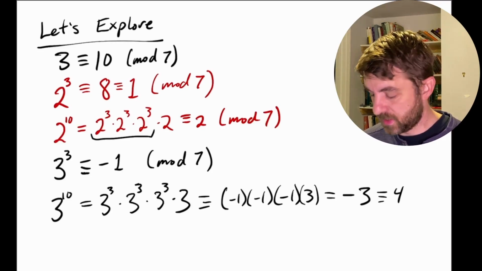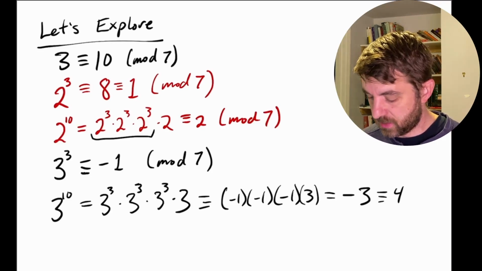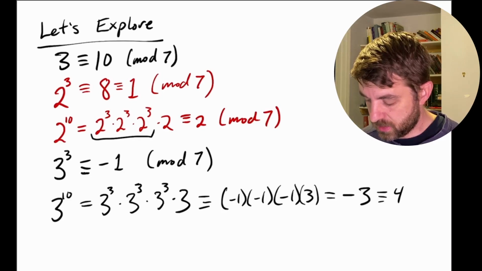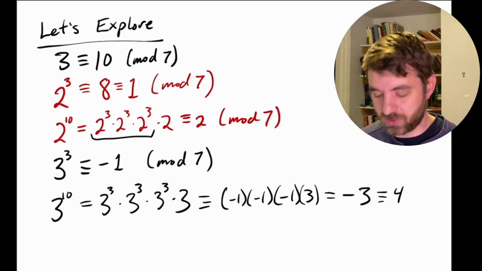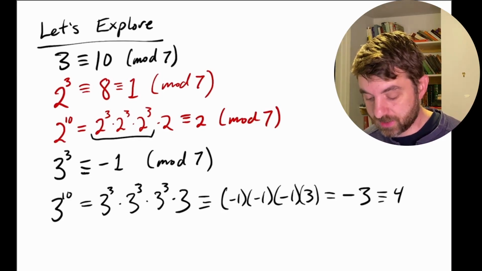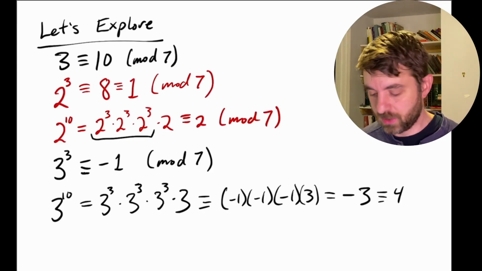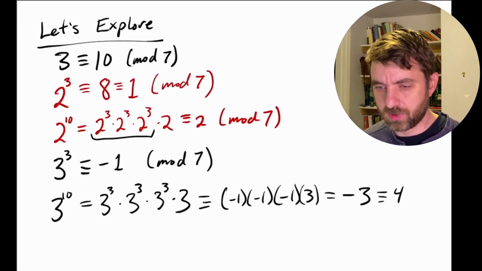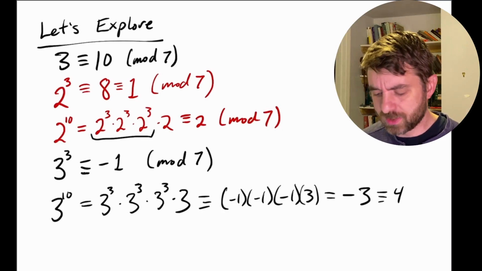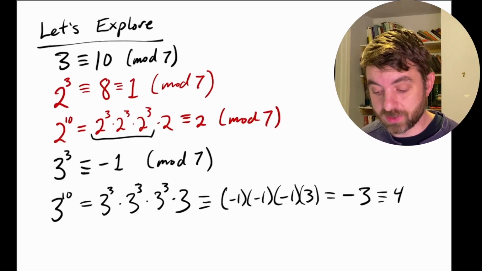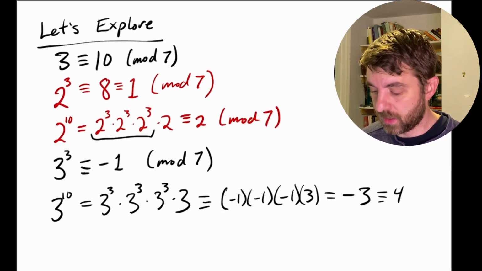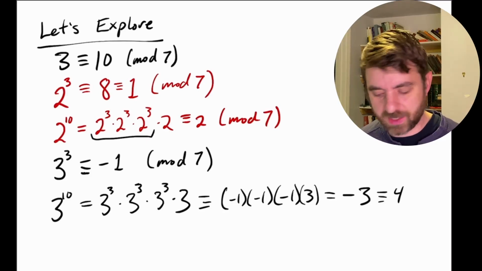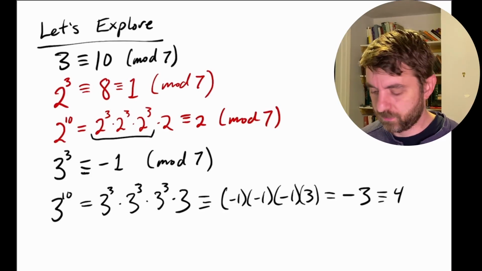So in this case, I wasn't able to just reduce 10 mod 3, because that would give me 3 and not 4. So 3 is not the magic number for 7. We're going to see that it turns out the right number for 7 is 6. And why that's the case is pretty cool.